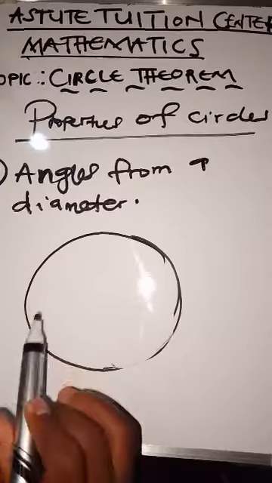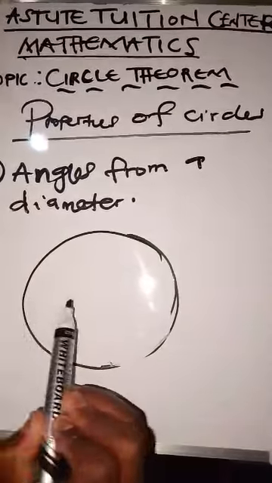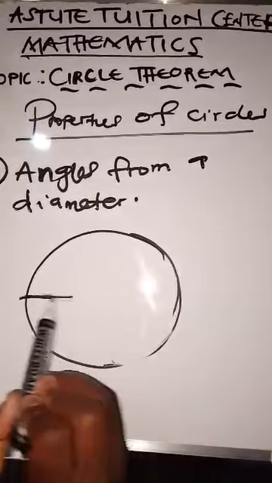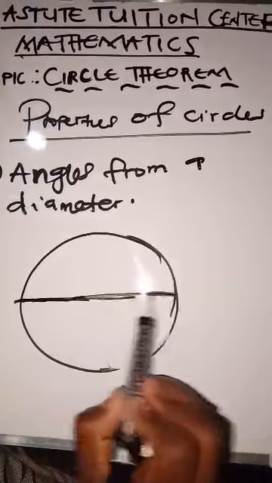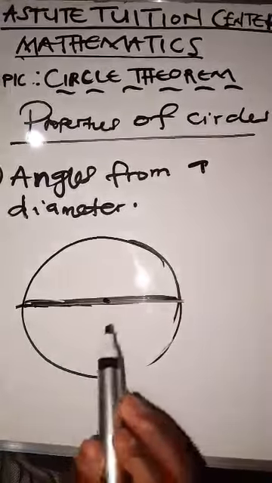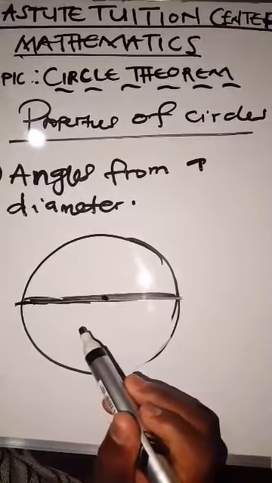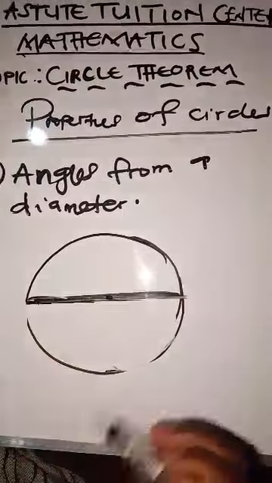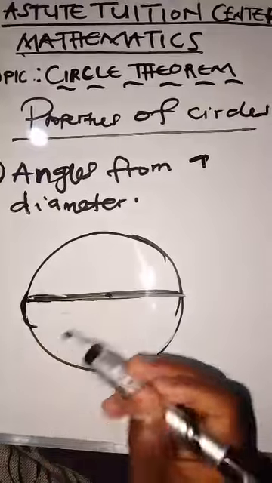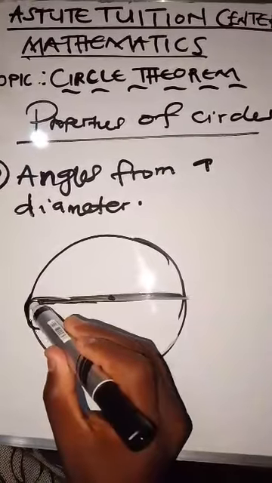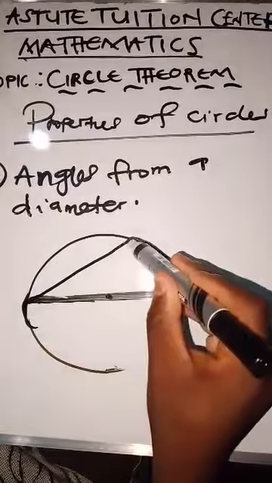So a diameter is simply a line that passes through the center of a circle. This is what is known as a diameter. Now they are saying angles from a diameter. So what do we need to know about these angles that are coming from a diameter? So you have got something like this.